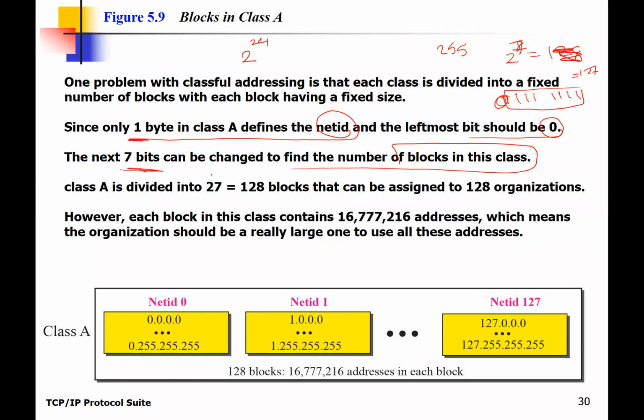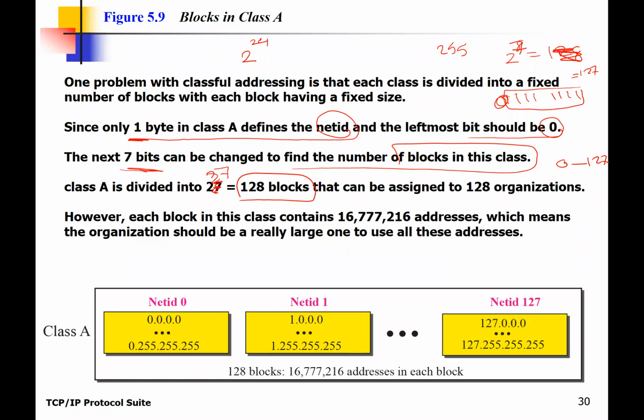And when you have 2 to the power 7, we'll have 128 blocks. That means we start from 0 to 127. So how many networks can I have there? 128. The first network address is 0, and the last one is 127. Okay.